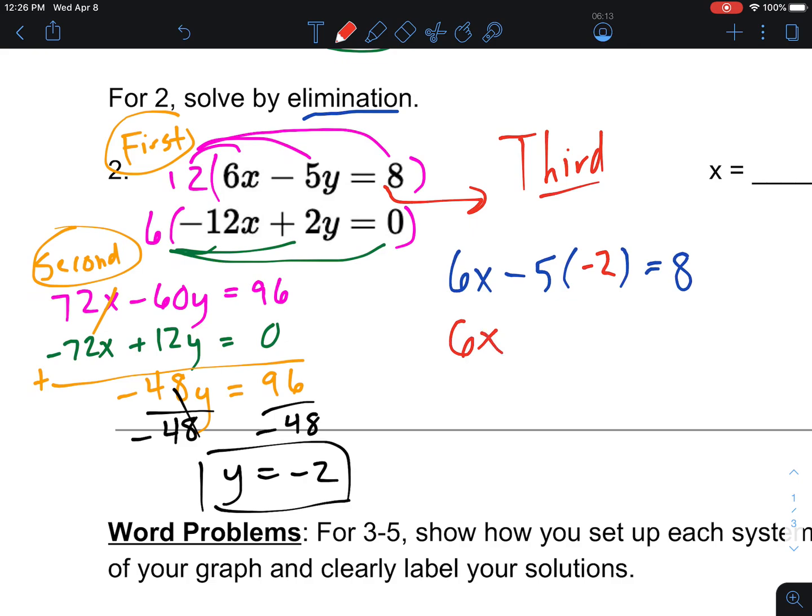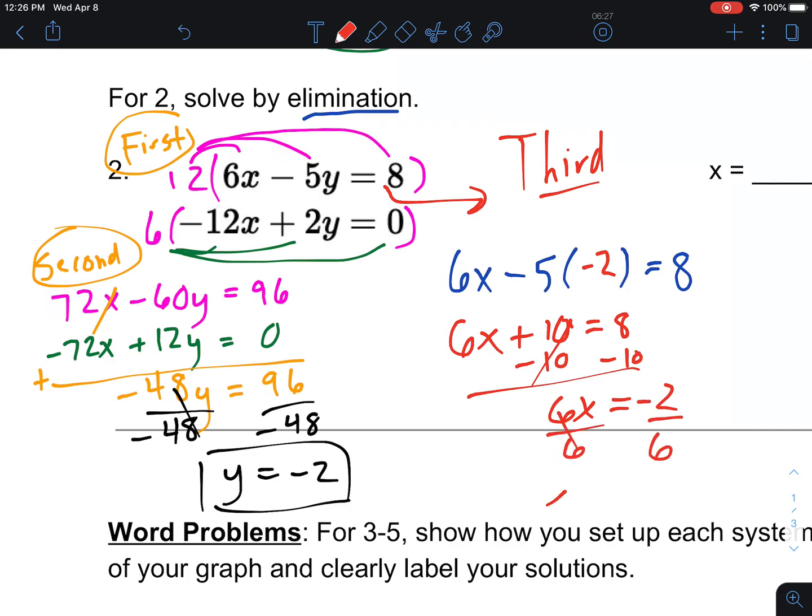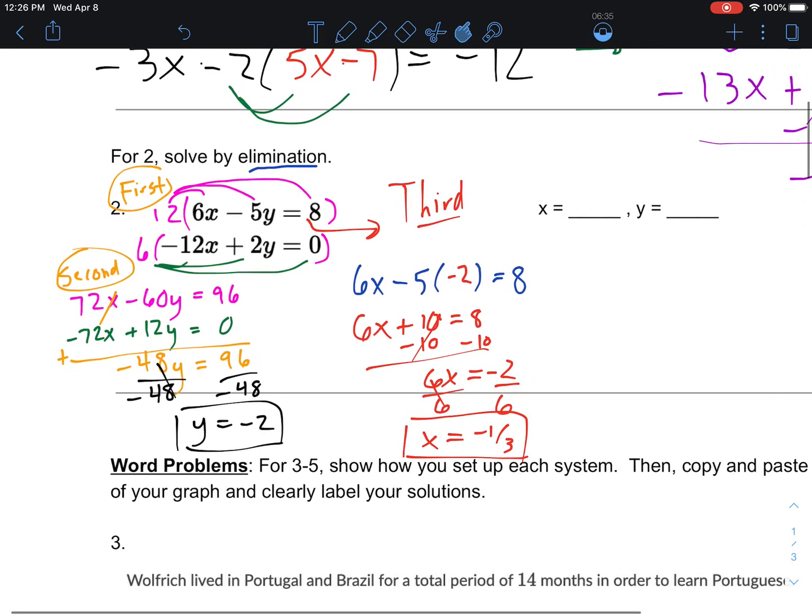This becomes 6x plus 10 equals 8. Subtracting 10 gives us 6x equals negative 2. And dividing by 6 gives you an answer of negative 0.3 repeating, or negative 1/3. All right. So that is how we could do elimination.